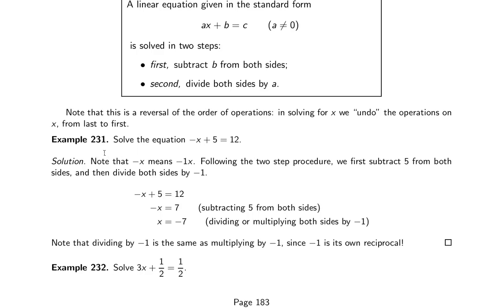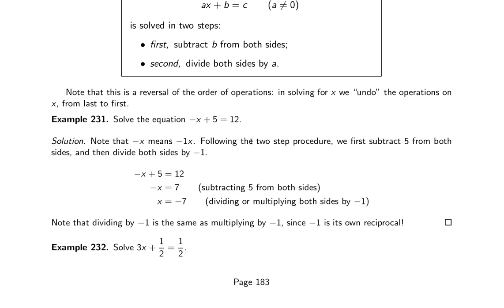Example 231. Solve the equation negative x plus 5 equals 12. Pointing out here, that negative x, you can think of that as negative 1 times x.